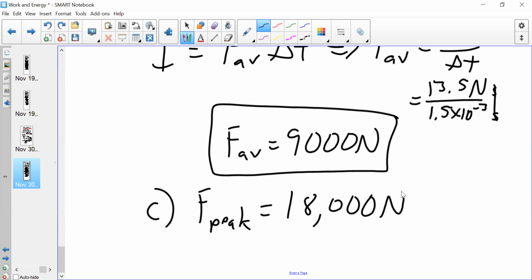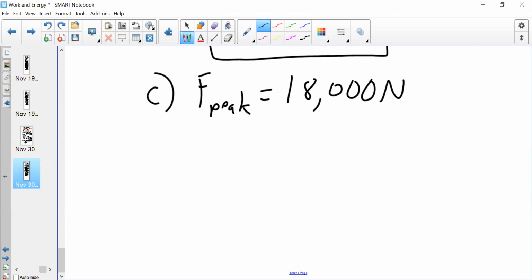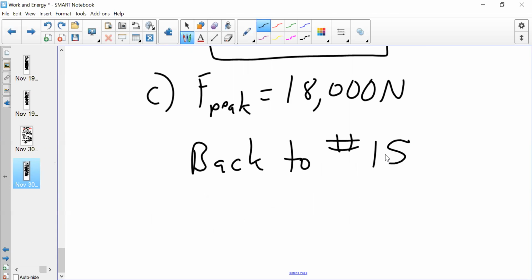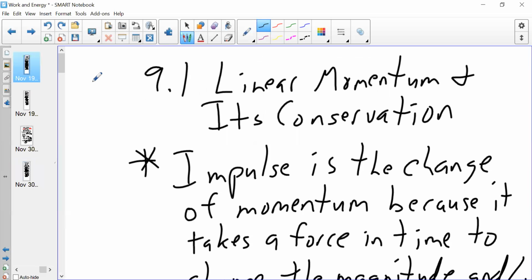So now it's combined. What I want to do is go back to number 15, page 261. Let's see, we got the original speed of the bullet. Just find that here.